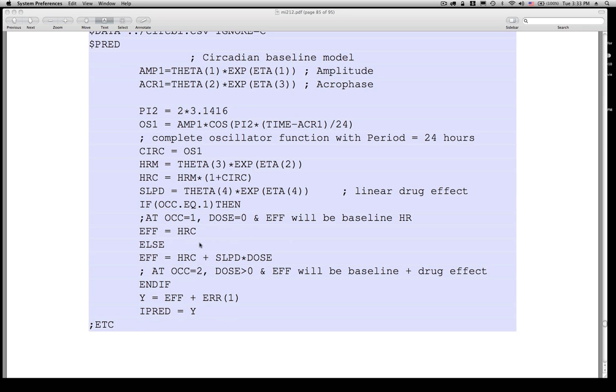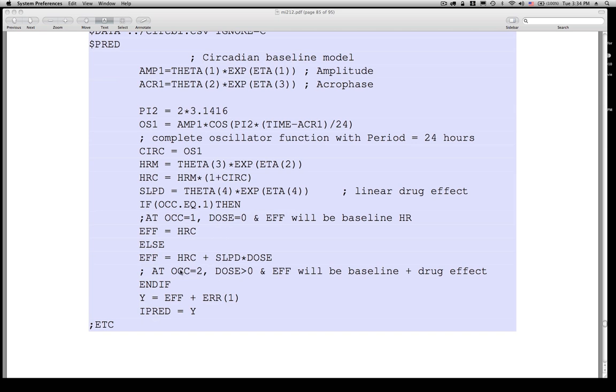And we'll have an occasion-specific variable which allows us to define the effect. So if we're at occasion 1, dose is 0, right? And so the effect is just equal to some heart rate scalar multiplied by the baseline.